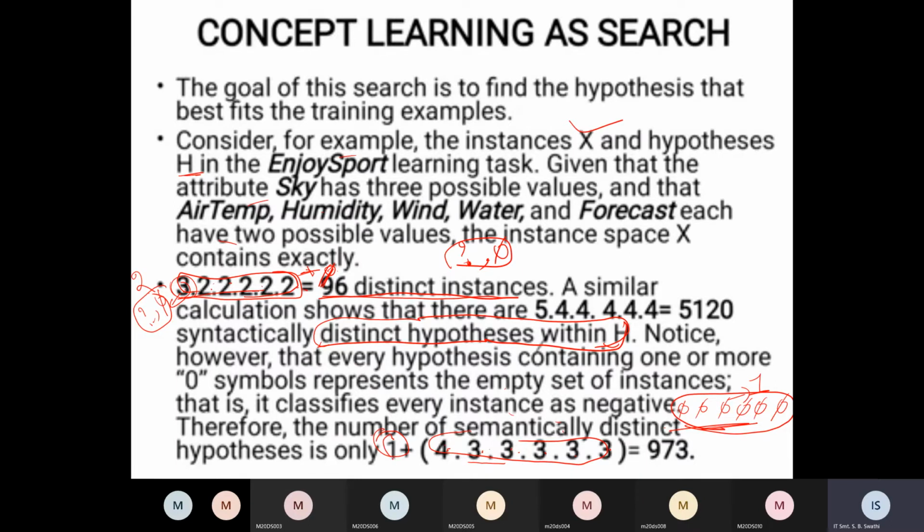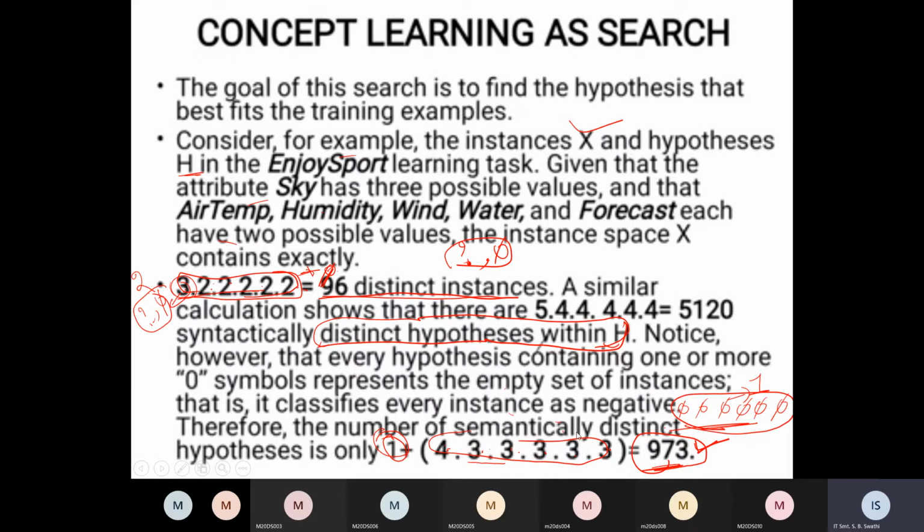That will be our 1. So this will be our training data, generated when you take only null as an additional attribute. So 973 rows of data will be generated if you consider this hypothesis, or if you add null as a new value for the given attributes.